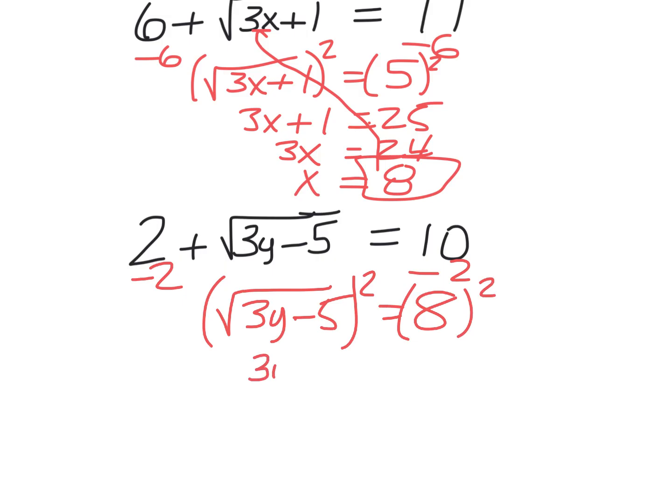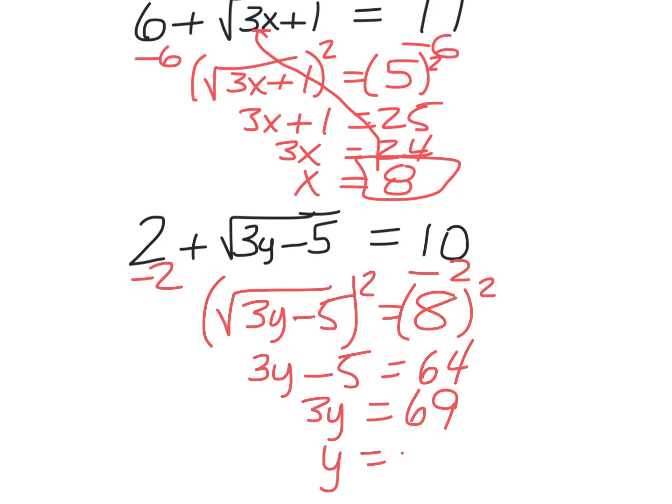I'd have 3y minus 5 is equal to 64. Add the 5. That'd be 69. Divide by 3, and you're going to get 23. Checking that, 3 times 23 is 69 minus 5, 64. Square root of 64 is 8, and 2 plus 8 is 10, so it does work, or check.